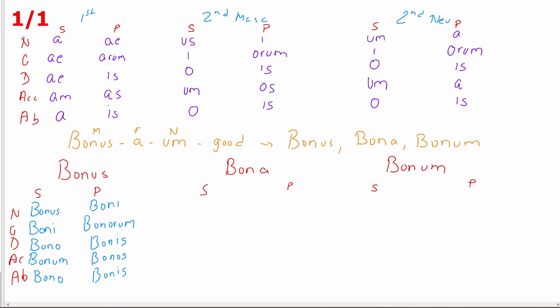Let's take a look at the feminine. So you have bona, genitive singular bonae, dative singular bonae, accusative singular bonam, and ablative singular bona.